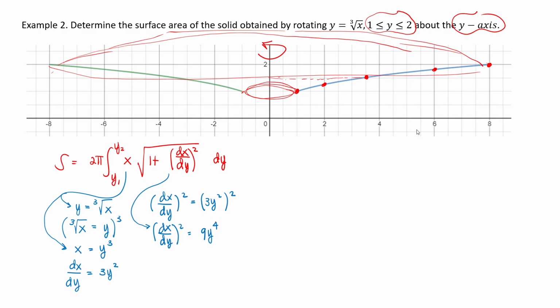And again, since you are given the limits, it is 2 pi from 1 to 2, and then the x value is y cubed, times the square root of 1 plus 9y to the power of 4 dy.